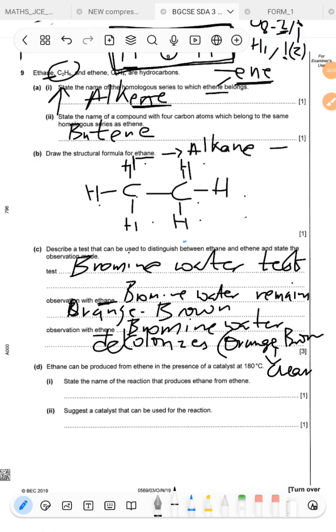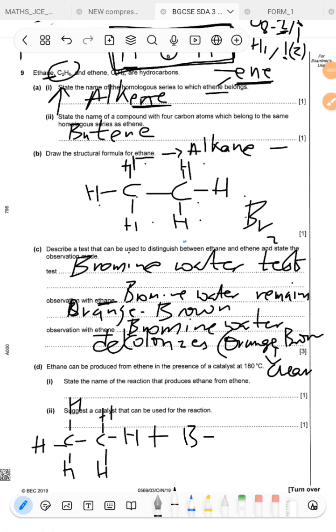Why does that happen? Let's start with the first one, the reaction between bromine water and ethane. Ethane is this here. So we have C, H. When you react this with bromine, which is Br2, the same as Br-Br like this, there is no reaction.